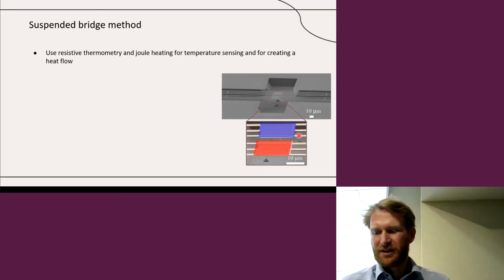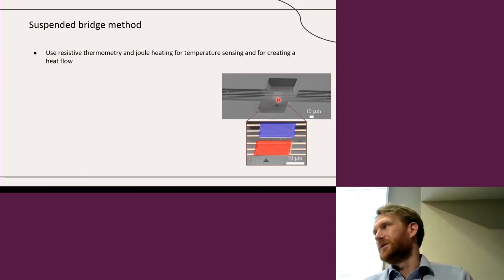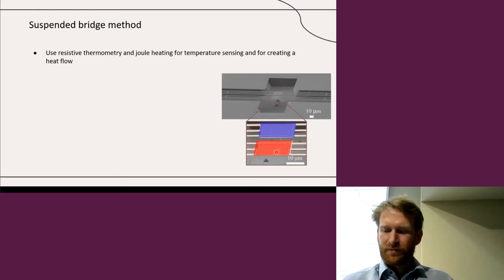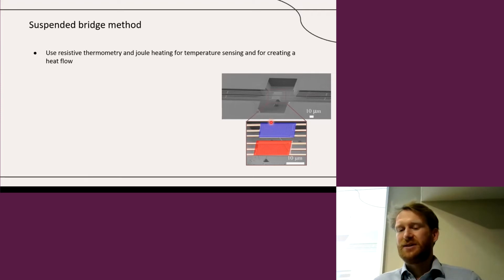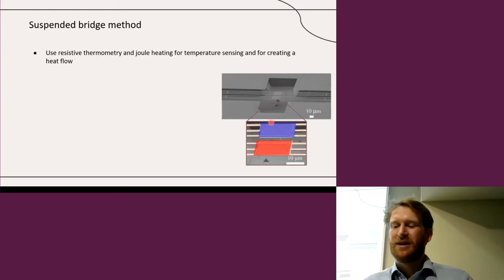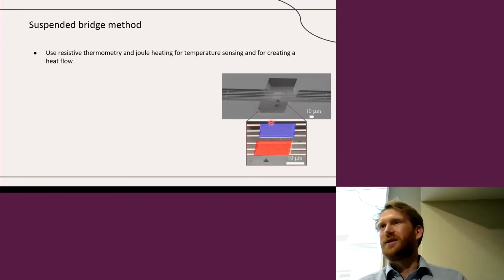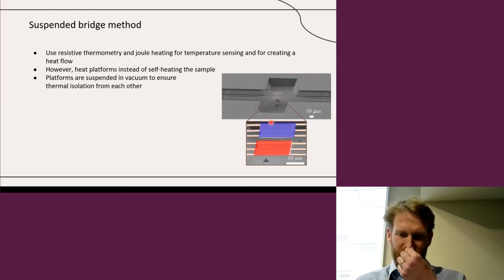That's why we need to suspend them. Then we put a nanowire in between, and on top we have a metallic meander that we can use to heat. So we can heat up one side, and we can use the change of resistance on the other side to measure the temperature. Now we don't need an electrically conductive sample anymore, because our metal is taking that place, but at the cost of having to create these rather difficult platforms.